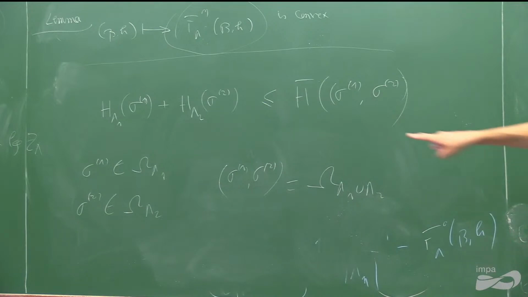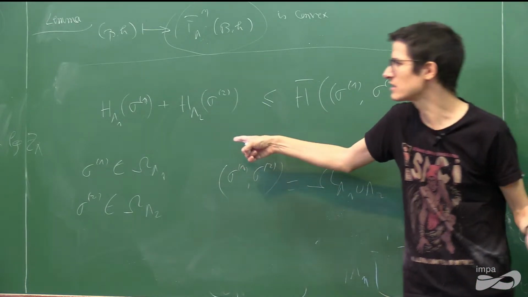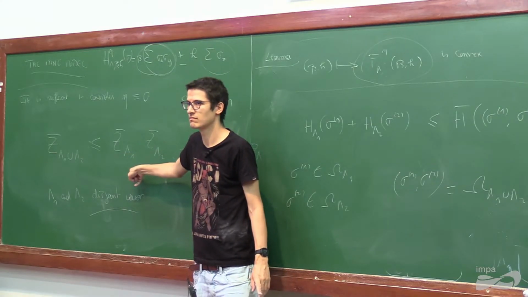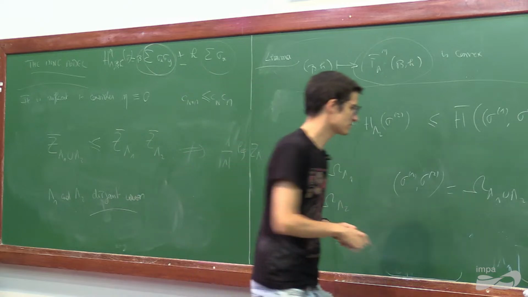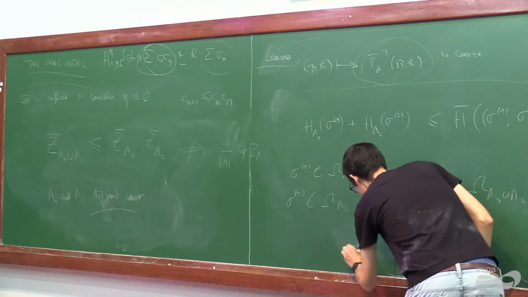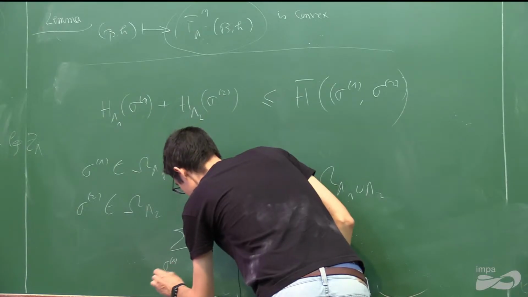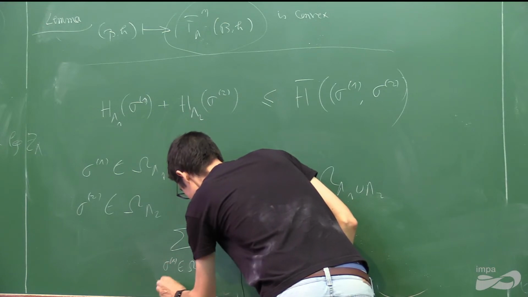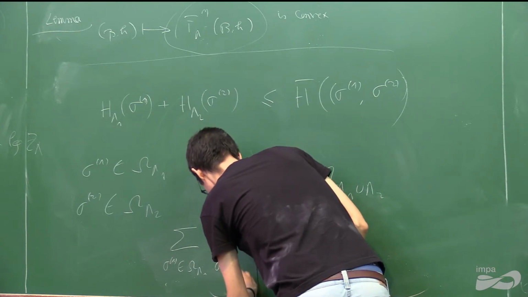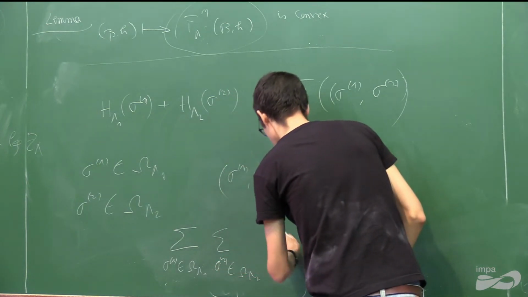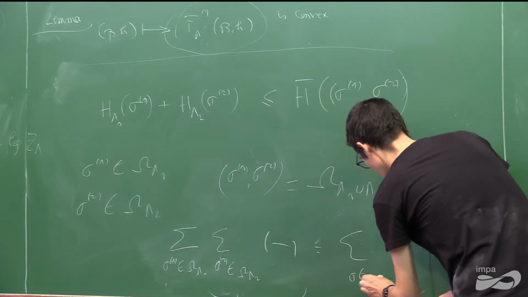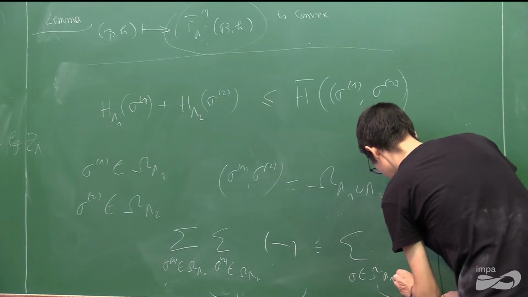If you have this, then you just take the exponential, you take the sum, you get this. Just because the sum over sigma 1 in omega lambda 1 times the sum over sigma 2 in omega lambda 2 is the same thing as the sum over sigma in omega lambda 1 union lambda 2.